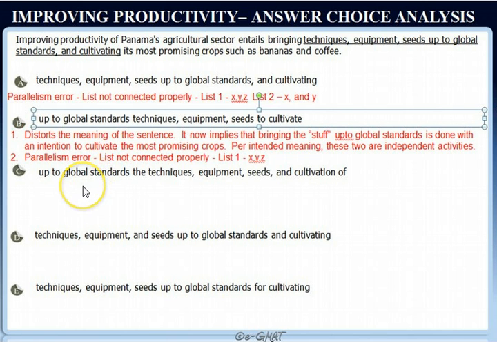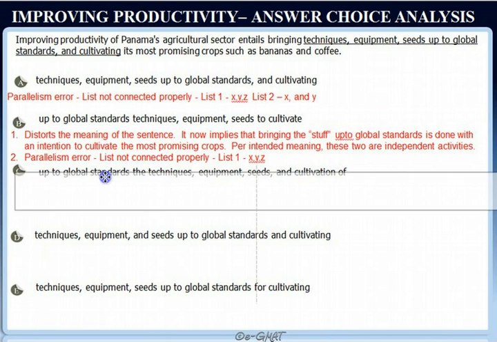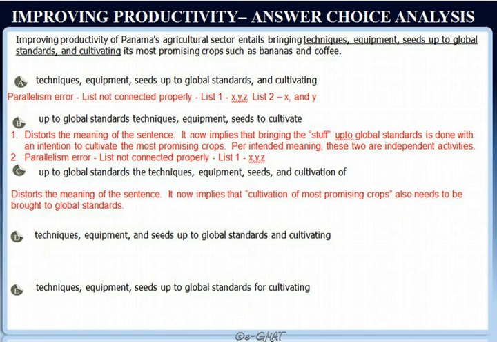So let's look at choice C. Improving productivity entails bringing up to global standards the techniques, equipment, seeds, and cultivation of its most promising crops. Now, this sentence also distorts the meaning of the original sentence, because now what it implies is that improving productivity entails bringing those three things up to global standards, as well as bringing cultivation of its most promising crops up to global standards.